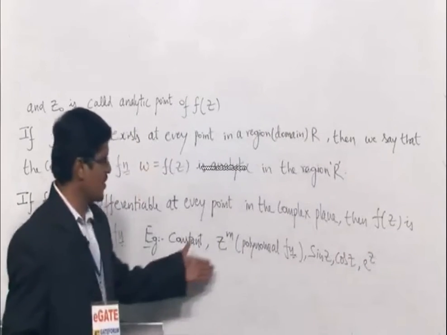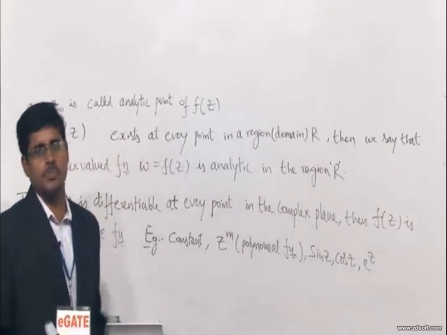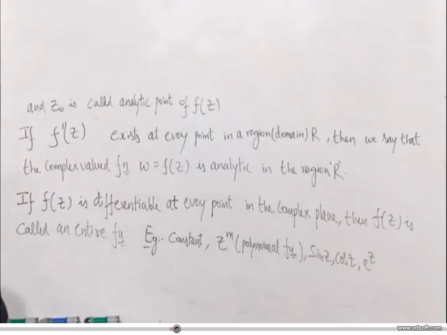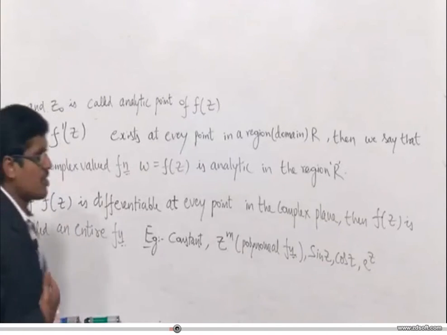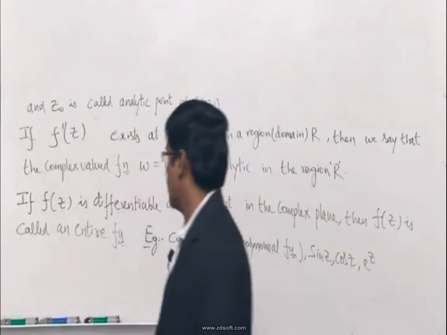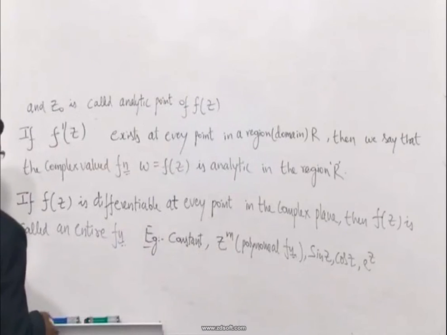These functions are everywhere differentiable in the entire complex plane. And an analytic function is also called a regular function or holomorphic function. The synonyms of analytic function are holomorphic or regular function.